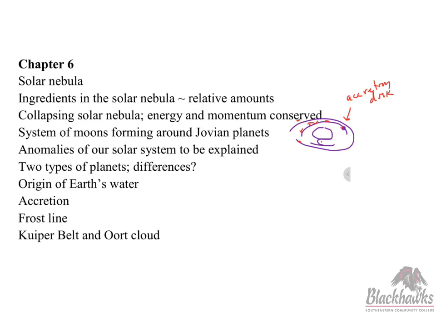Okay. Anomalies of our solar system to be explained. One of them I know would be, for instance, Earth's large moon. Another favorite is Uranus's tilt, crazy tilt. Okay.